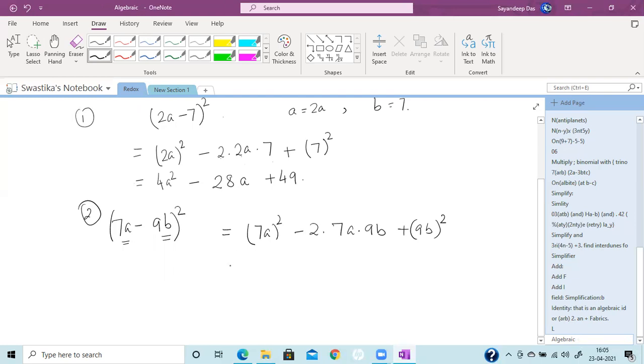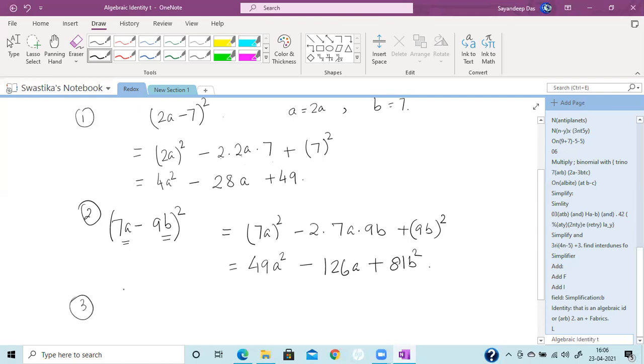That means 7 square equal to 49a square minus 2 into 7 into 9, that is 2 into 7 equal to 14, 14 into 9 is equal to 126, 126ab, plus 81b square. So this is the expanded form.